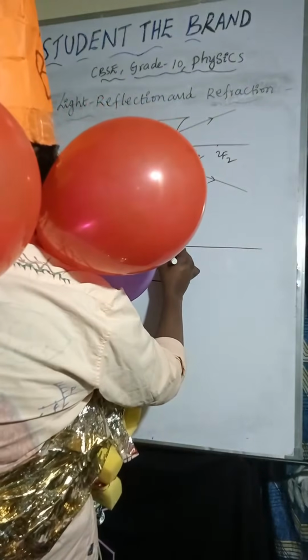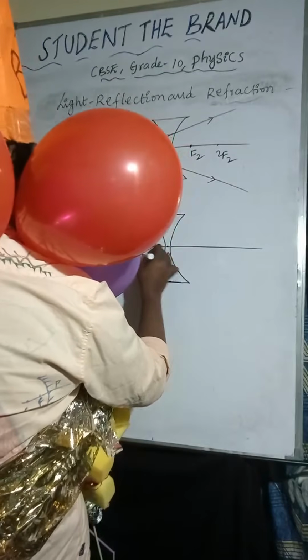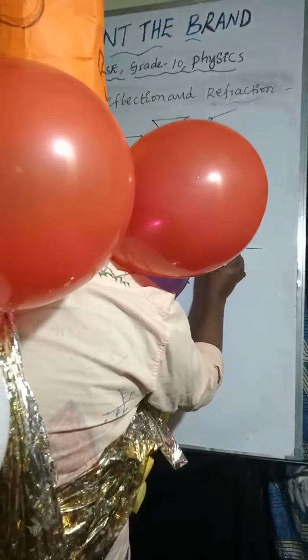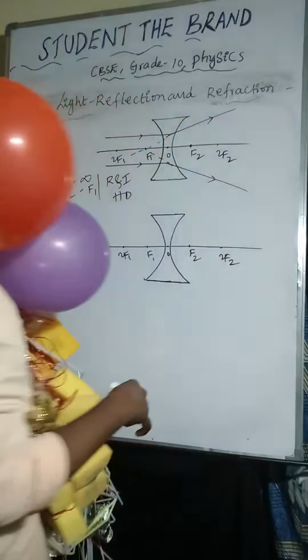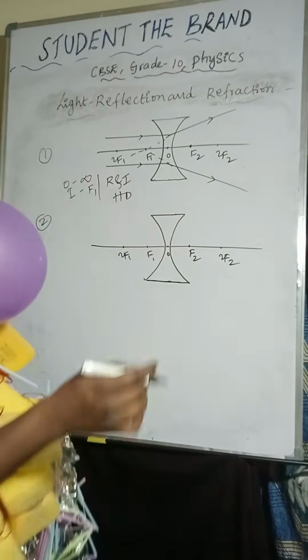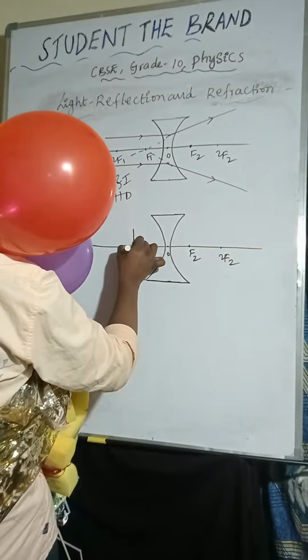So optic center, F1 to F1, F2 to F2. Object is placed anywhere between optic center and infinity here.